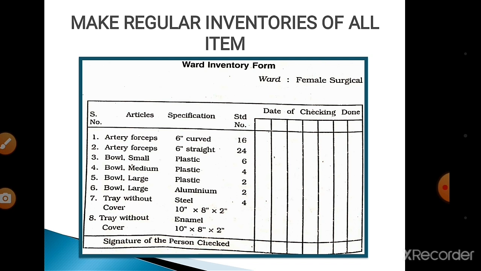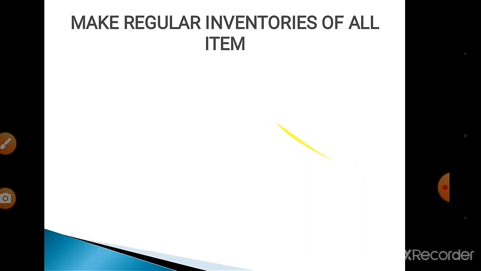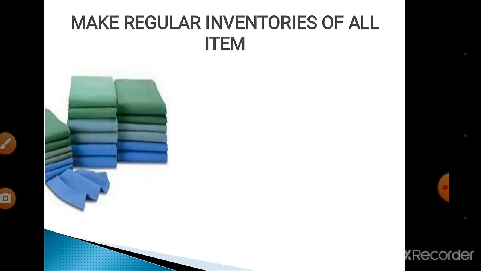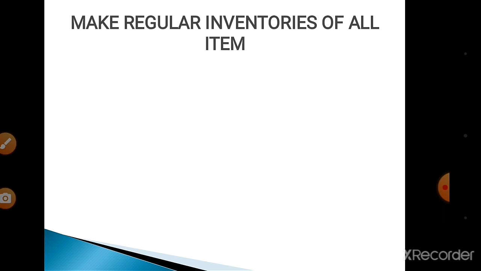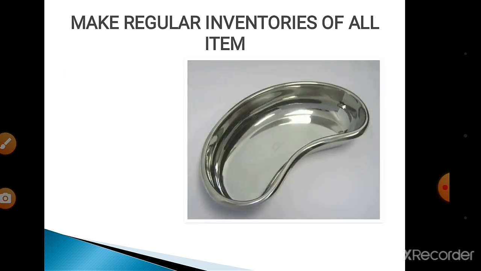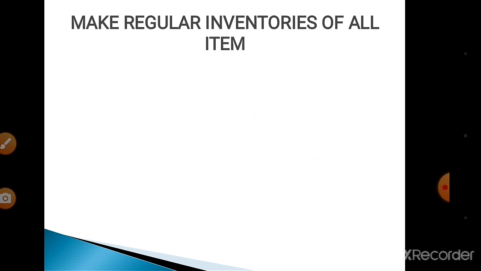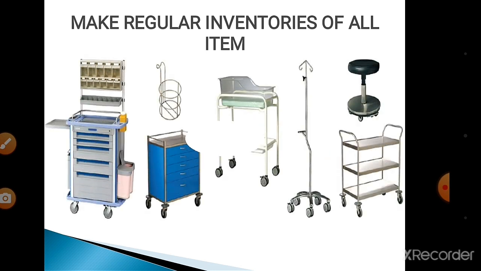It is best to separate the articles into groups for listing. Example, linen, metalware, furniture, etc. The frequency of making a count of articles varies.